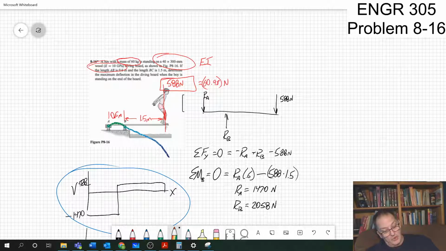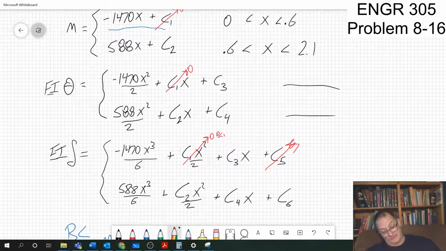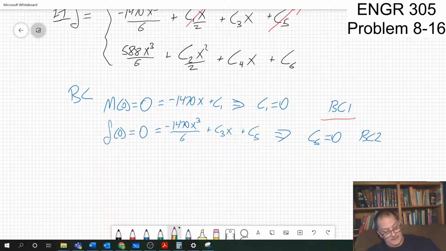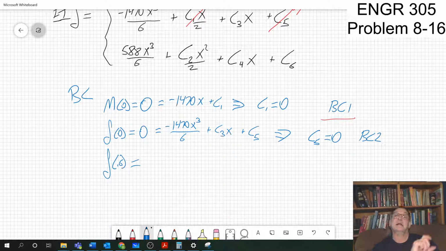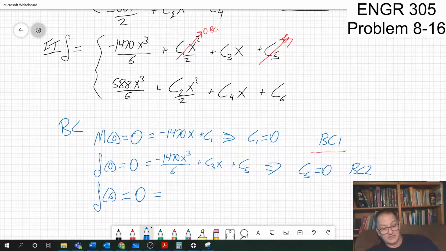I don't know the slope anywhere on this thing. But I do know, unfortunately, that the deflection at 0.6 on the other end, under that first stub, is equal to 0.